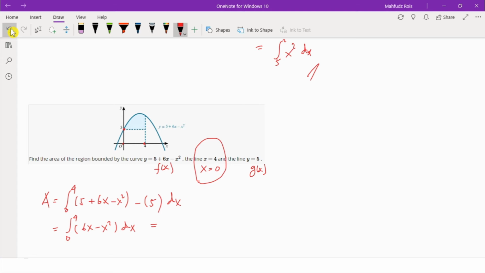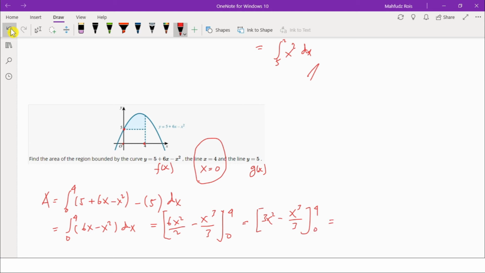Okay, and then this is definite integration, right? So if we integrate, it's 6x squared over 2 minus x cubed over 3, from 0 to 4. Okay, and then this one should be 3x squared minus x cubed over 3.